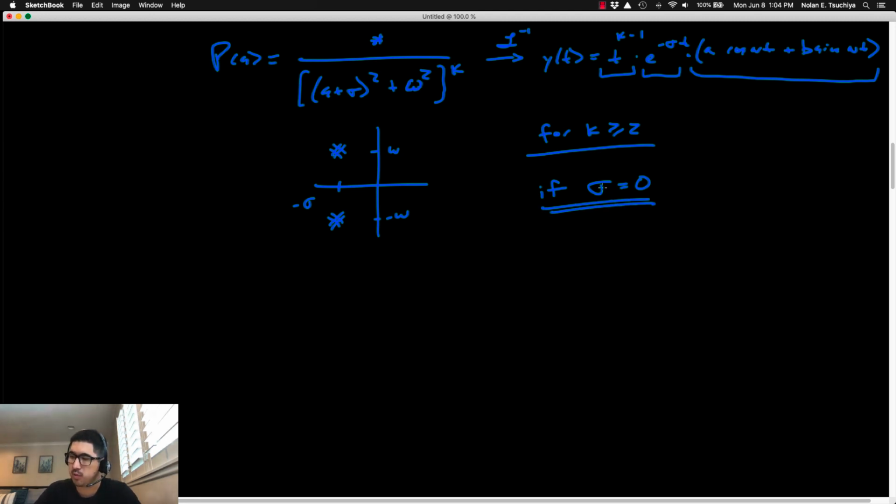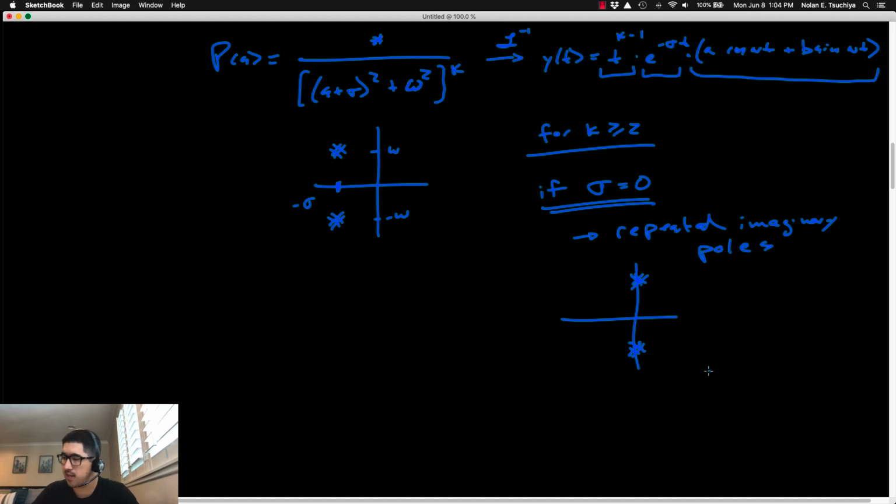If sigma equals 0, that means there's no real component to the poles, which means that we're going to have basically repeated imaginary poles. Right? We're going to have repeated poles on the imaginary axis, which looks like this. You'll have maybe a pair of poles here and here, co-located on the imaginary axis.